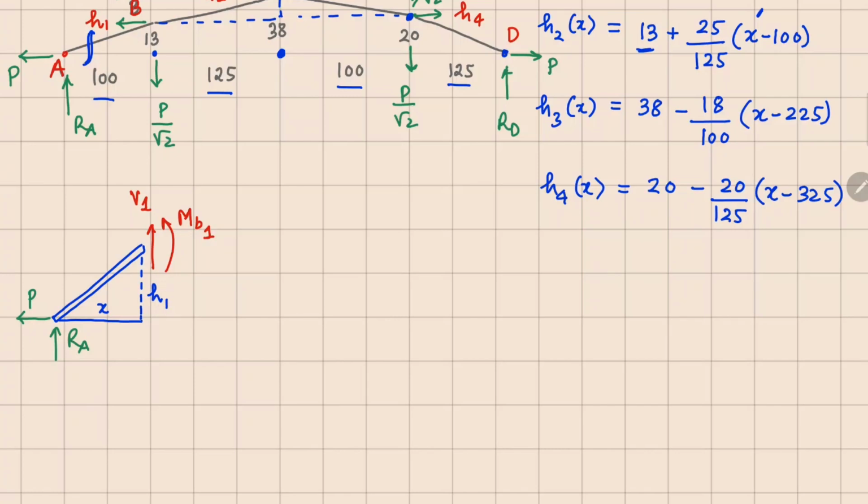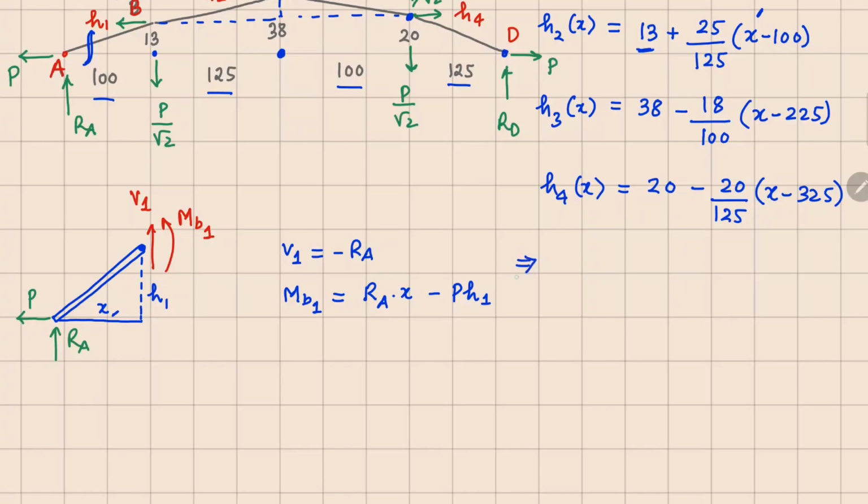So if I do the force balance here, you can see that your V1 value is going to be minus Ra. And your MB1, if I take moment about this point, will balance your Ra x, where the distance here is x for Ra, and for this P force we're going to have h1, and it's going to be minus P times h1, because it is in the same sense as MB1.